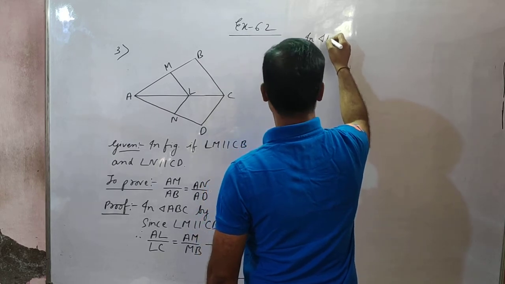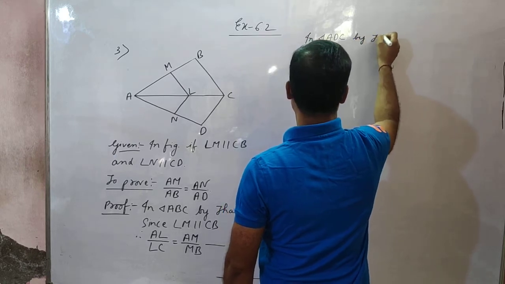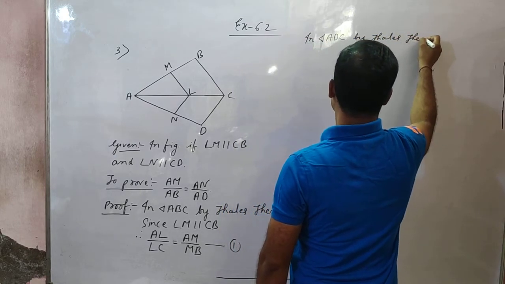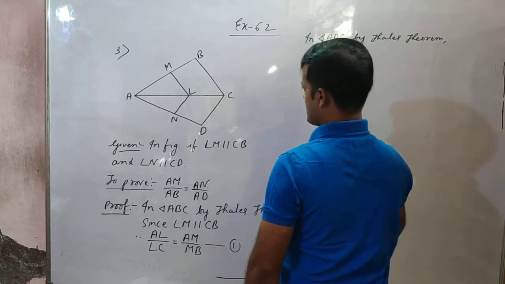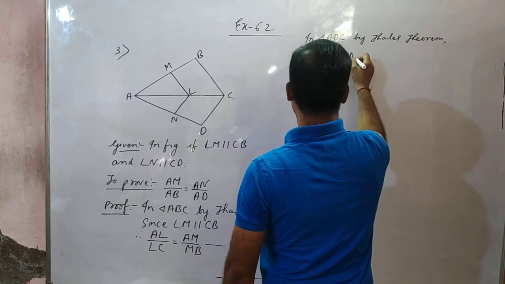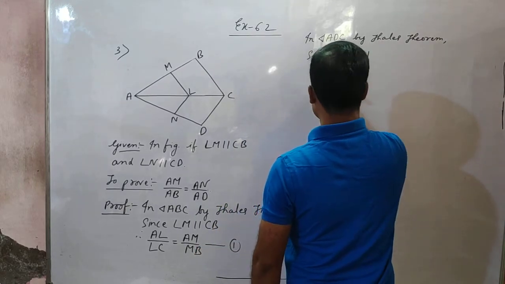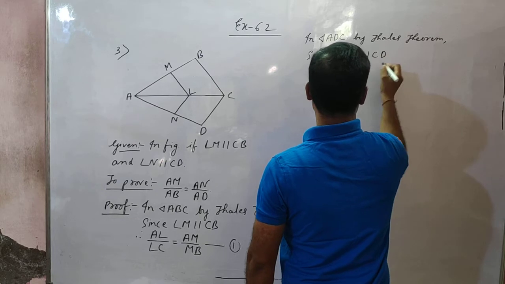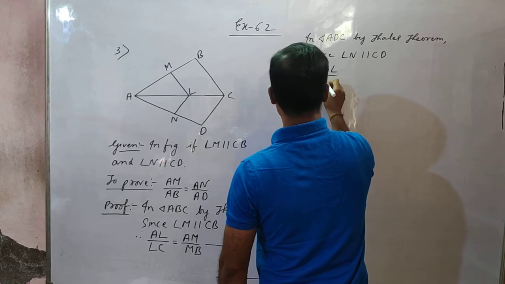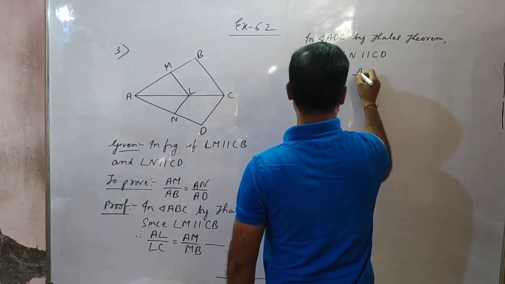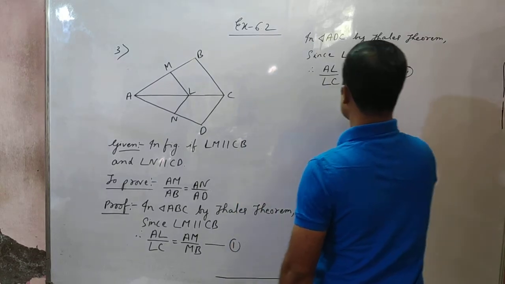In triangle ADC, by Thales theorem, since LN is parallel to CD, therefore AL by LC is equal to AN by ND. Mark it number 2.